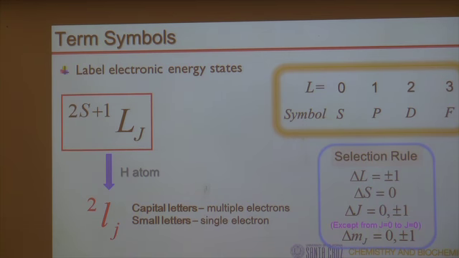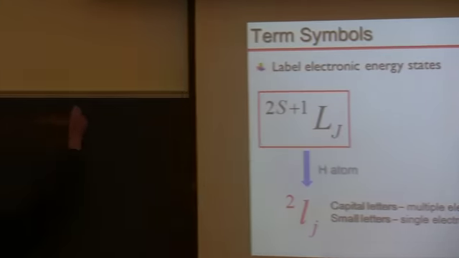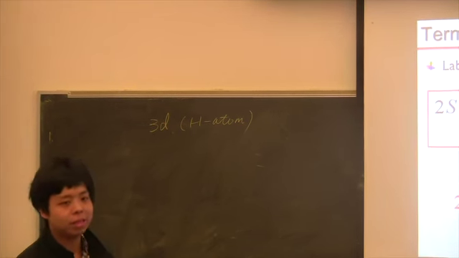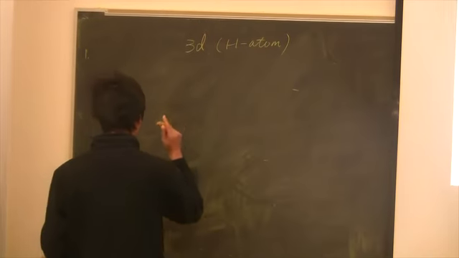Let's do a practice. Let's take one orbital, a 3D orbital with a hydrogen atom. Please derive all the term symbols for this energy state, or for this orbital.